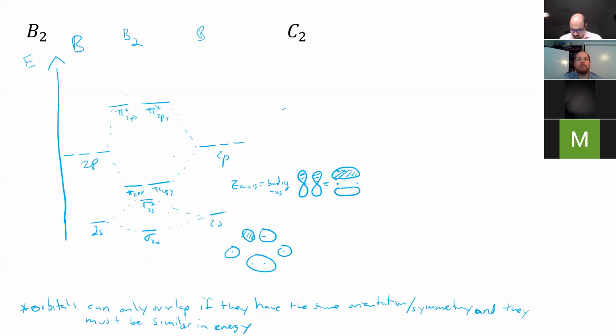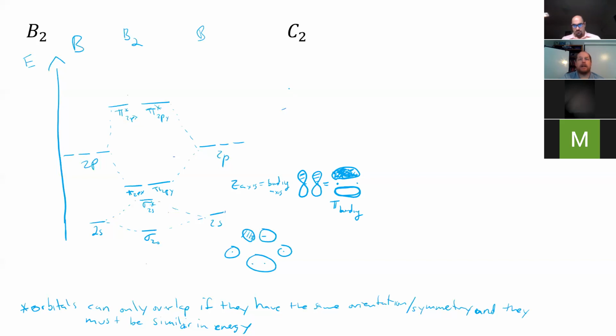That's what a pi bonding orbital looks like, where there's overlap in between the atoms, above and below the bonding axis.